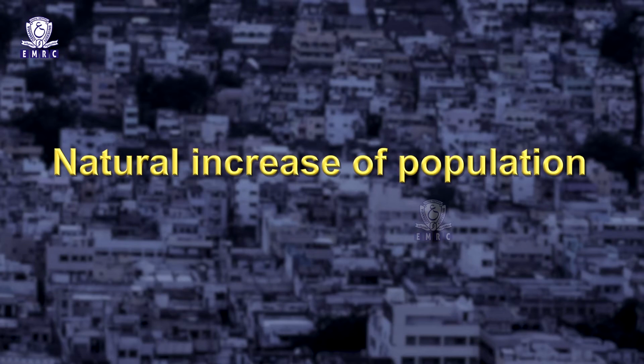The development of rail communication in backward areas also promoted migration of population from these areas to the towns, cities and metropolis. Coming to the seventh one, natural increase of population. This is one of the most important factors for the current urbanization in the world.